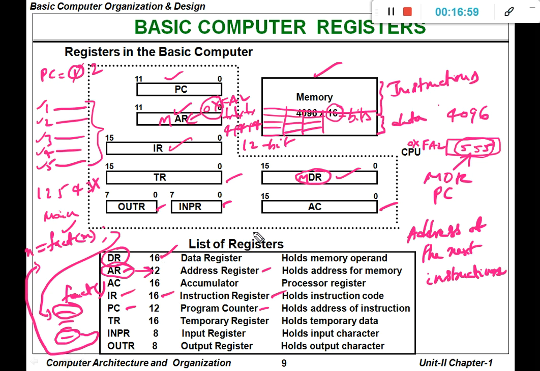The instruction format generally contains 16 bits, among which 12 bits represent the address, 3 bits represent the operation code, and 1 bit represents the indirect address mode. Like that we are going to implement the IR.